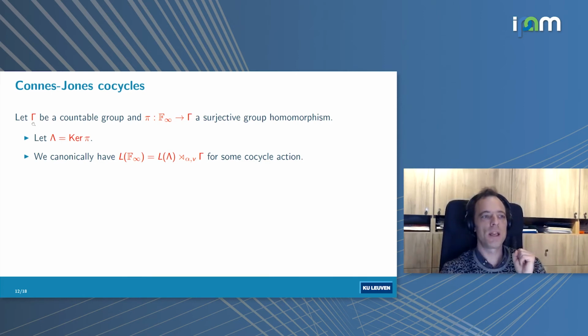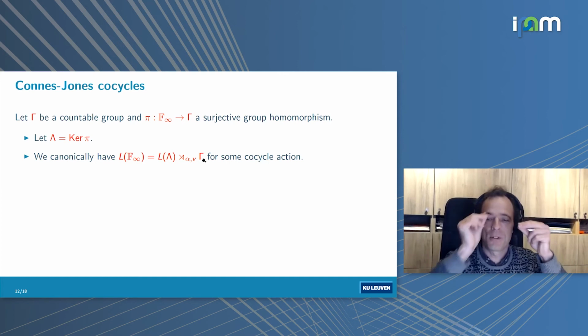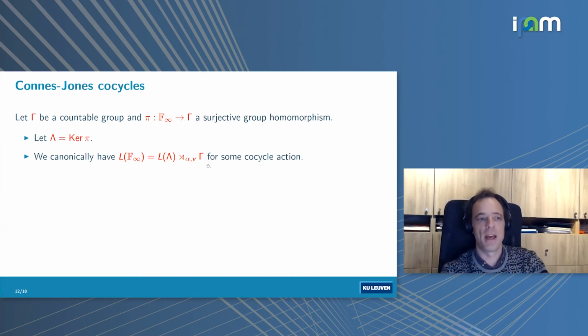So if you take a countable group and you write it as the quotient of F infinity, the free group with infinitely many generators, so you choose any surjective group homomorphism, and you denote by lambda the kernel of this group homomorphism, then canonically you have written the von Neumann algebra of the free group F infinity as a cocycle cross product of this kernel. So the kernel is a subalgebra. Gamma is not sitting as a subgroup because that would need a lift, but you do have a cocycle action. And canonically, you get this kind of picture.